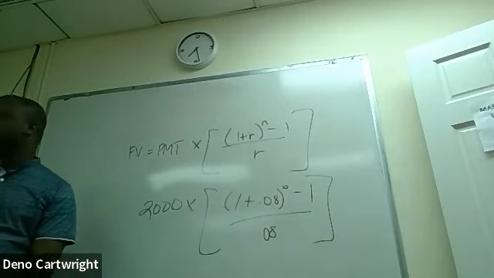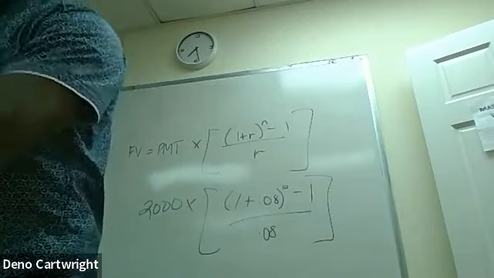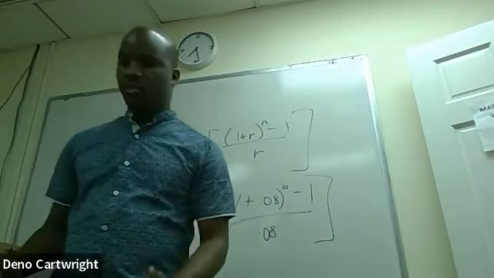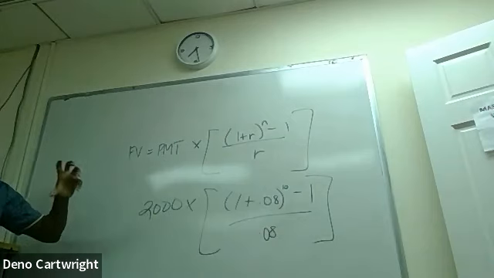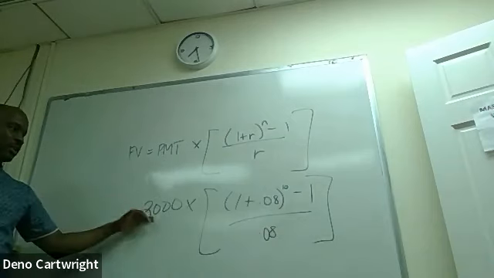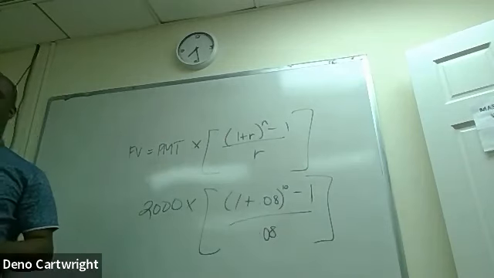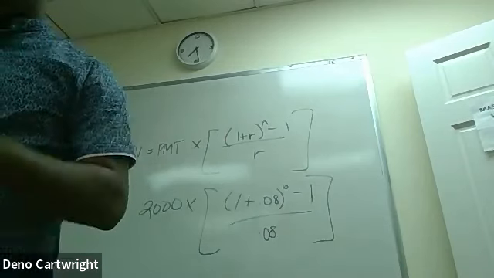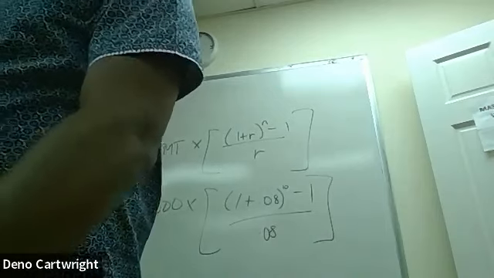So what happens then is when you do this, you are now calculating what this $2,000 a year would be worth in 10 years. And that's how you work out your 10 years. In 10 years, that $2,000 would be worth $28,973.